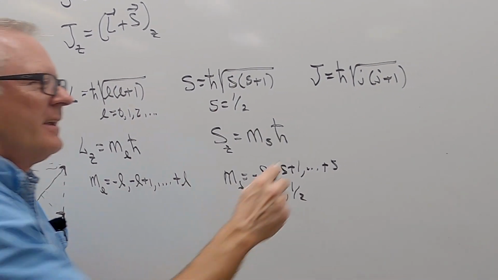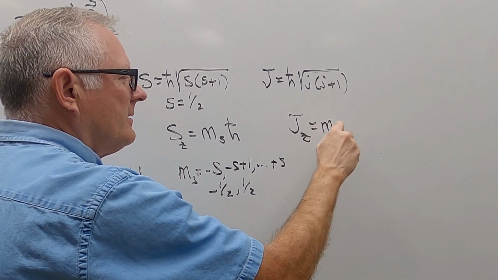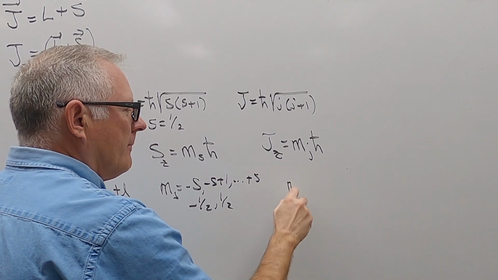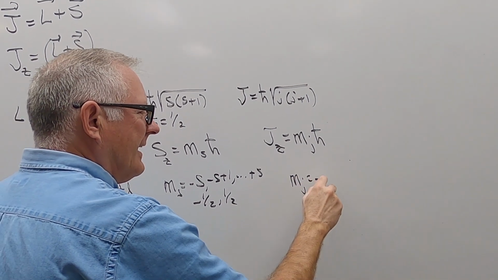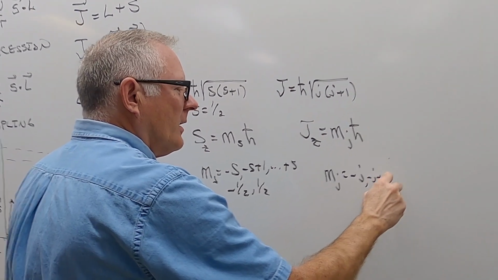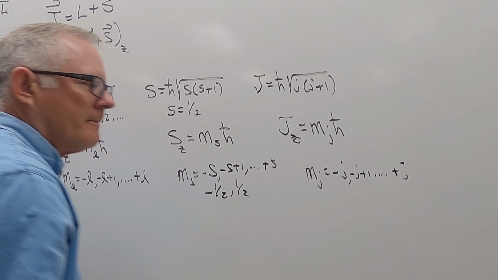And then over here, J sub Z is equal to m sub J ħ, where m sub J goes from minus J plus 1, and so on, all the way up to plus J.